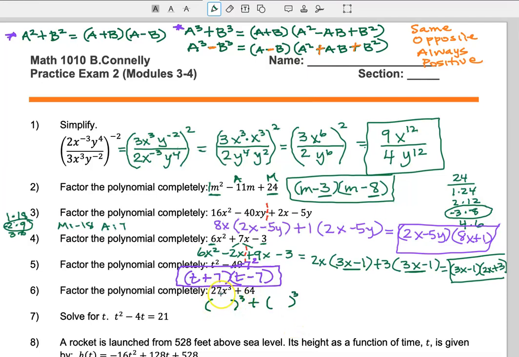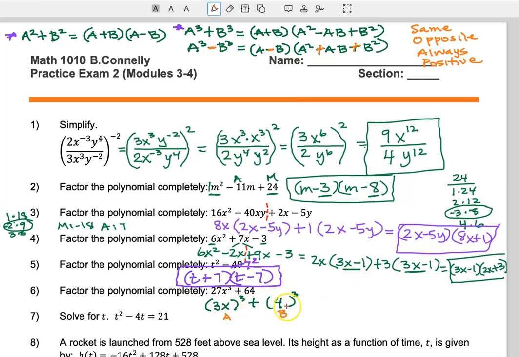So when I look at this, 3 cubed is 27, 3 times 3 times 3. So 3 needs to be in here, and then x times x times x gives me my x cubed. So 3x is going to be what I call that A part. And then 64, 4 times 4 times 4 is 64. So the 4 is going to be my B.